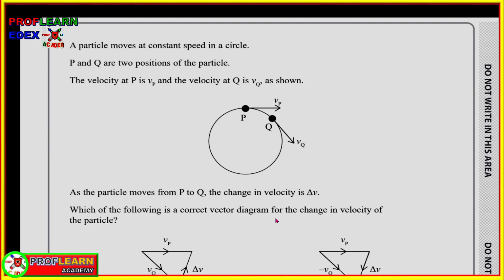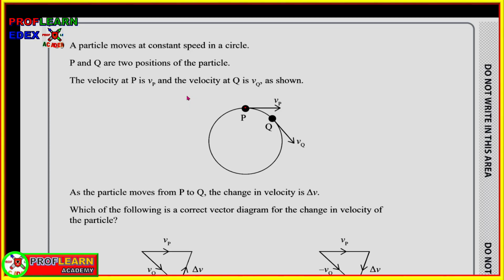The particle moves at a constant speed in a circle. P and Q are two positions of the particle. The velocity at P is Vp, because the velocity is tangential, and the velocity at Q is Vq.